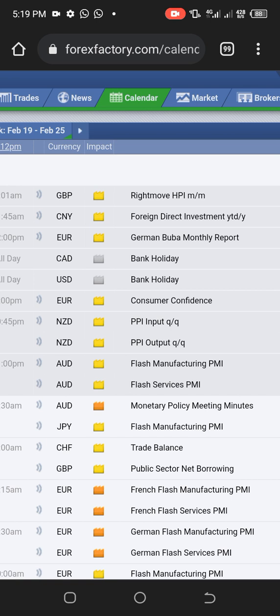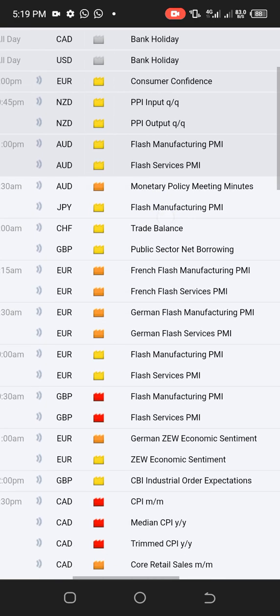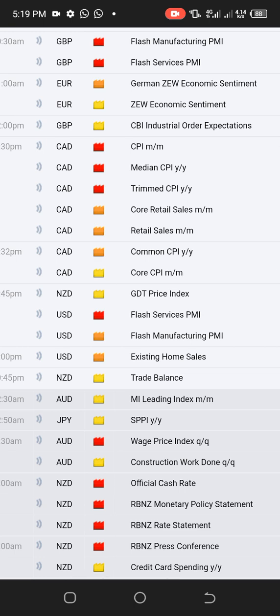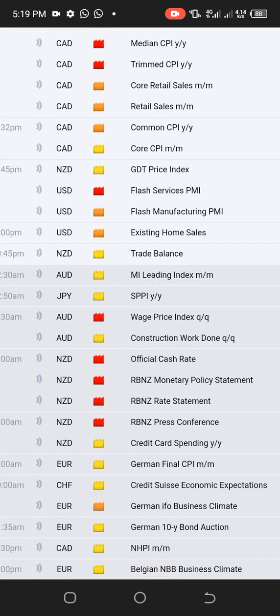You have the Canadian dollar, number four. These four currencies I mentioned, do not joke with them. Then you can also include the Australian dollar and the New Zealand dollar. Put all the eight major currencies into consideration.